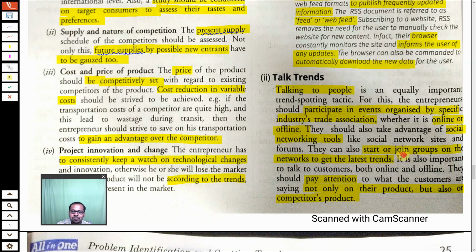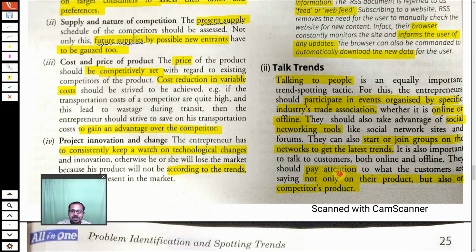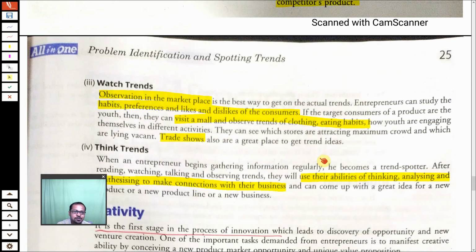You can also join many WhatsApp groups or many such type of Telegram or some other applications, so that you get latest trends. So you need to pay attention not just on your product but also on the competitor's product. Okay, both things are very useful.